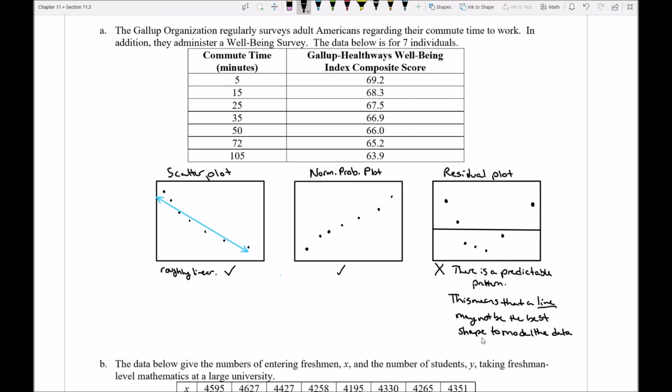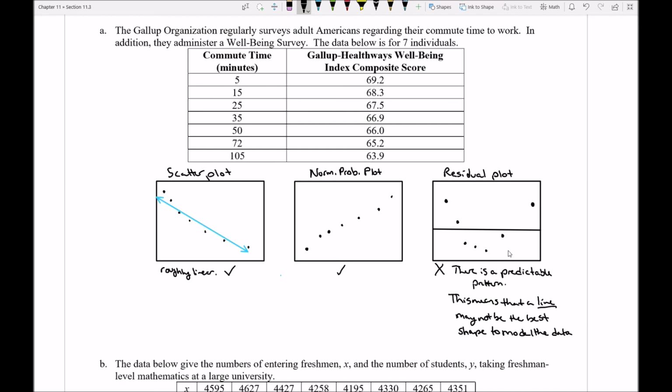So this is what I'm working with here. It doesn't seem like a linear relationship is the best. And hopefully this gives you an example of a time when I would get a residual plot that I would not be satisfied with. And this is a predictable pattern.